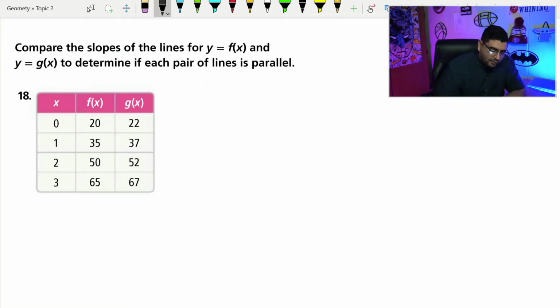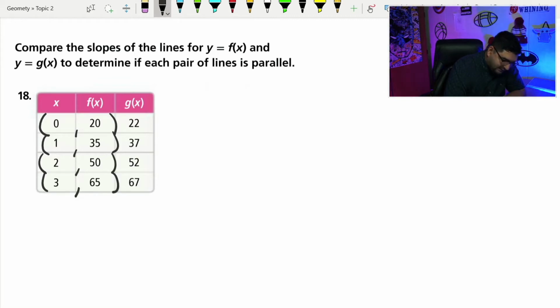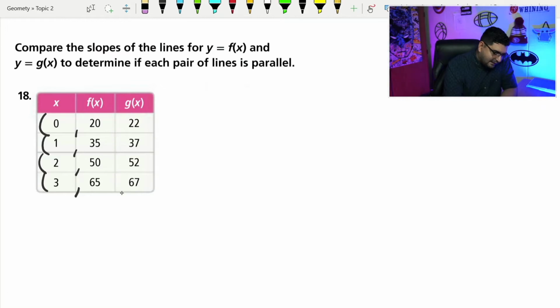Essentially what we have here is a bunch of different points. Each of these represents a point. So 0, 20; 1, 35; 2, 50; and 3, 65. These are the points for my first line, which we call f of x. The points to my second line are 0, 22; 1, 37; 2, 52; and 3, 67.